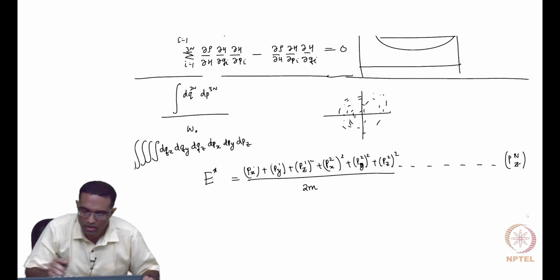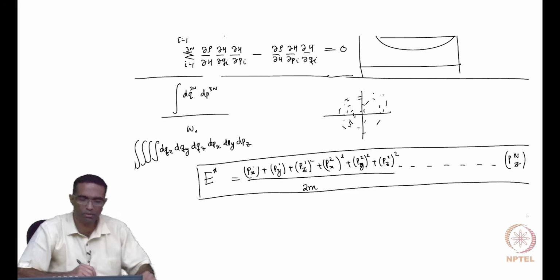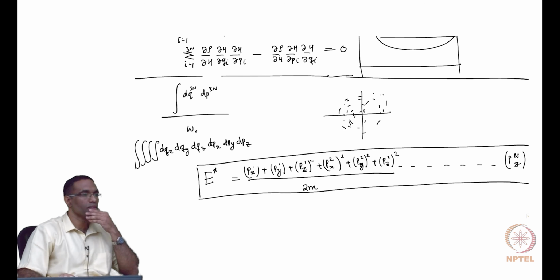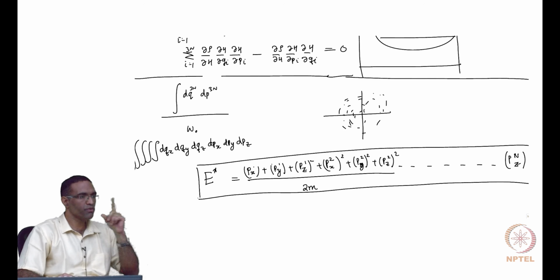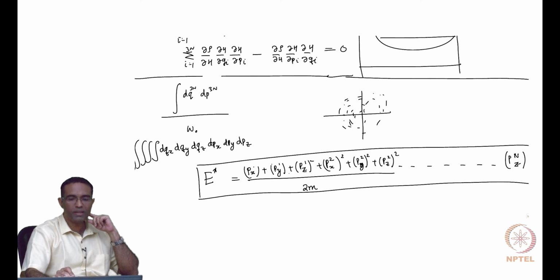Okay. Now this, have you seen something like this before? You have seen this before. In Schrodinger's wave equation, for an n particle gas system, instead of px and py, you had some nx, ny, nz squares and so on, right? And it was equal to some E star, right?